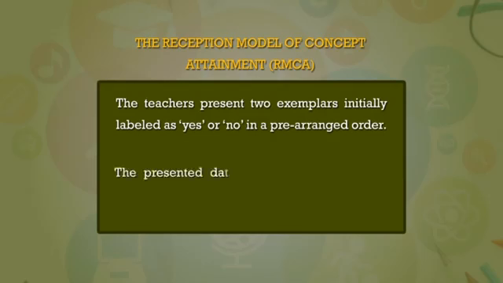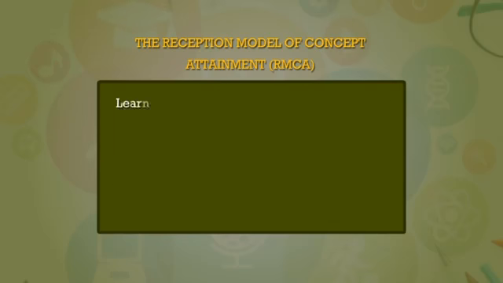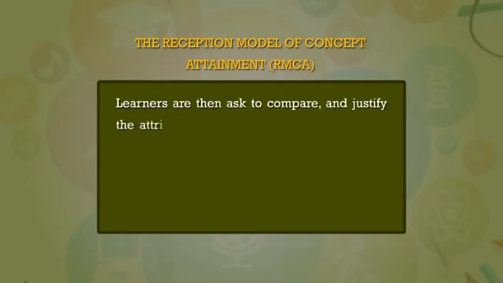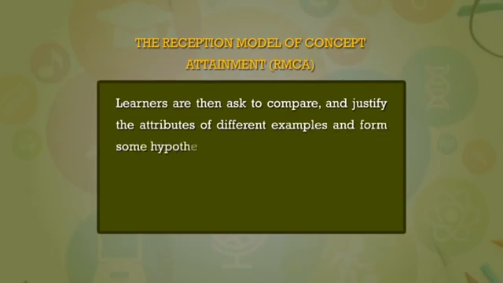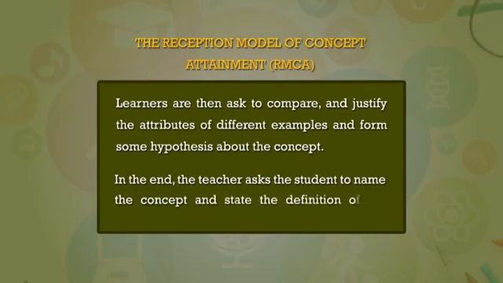The presented data may be in the form of pictures, sketches, diagrams, events, or any other. Learners are then asked to compare and justify the attributes of different examples and form some hypothesis about the concept. In the end, the teacher asks the students to name the concept and state the definition of the concept according to essential attributes.